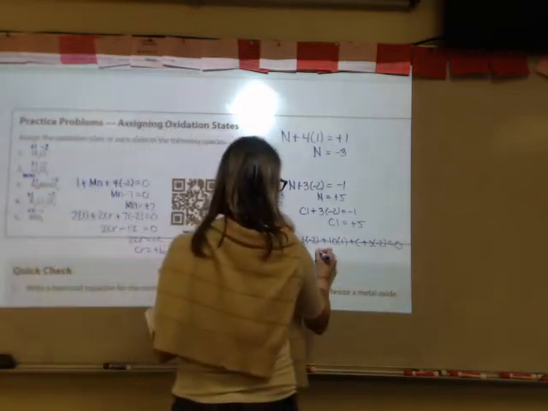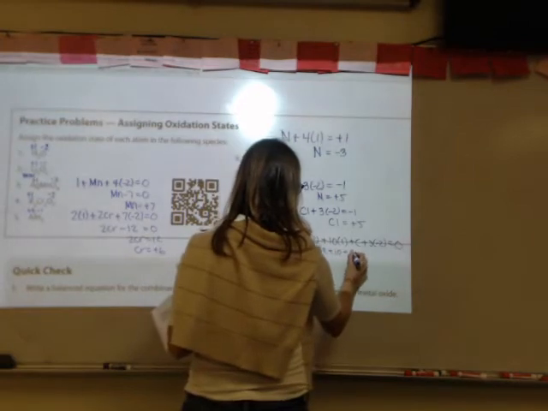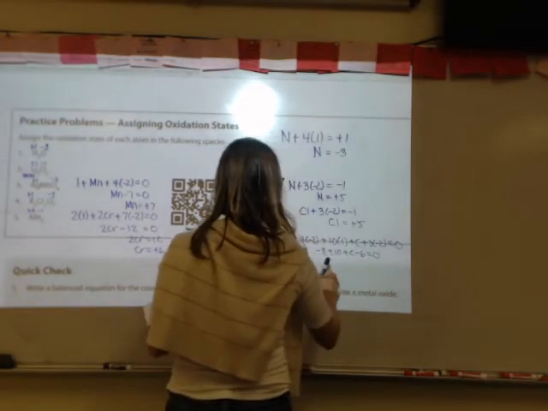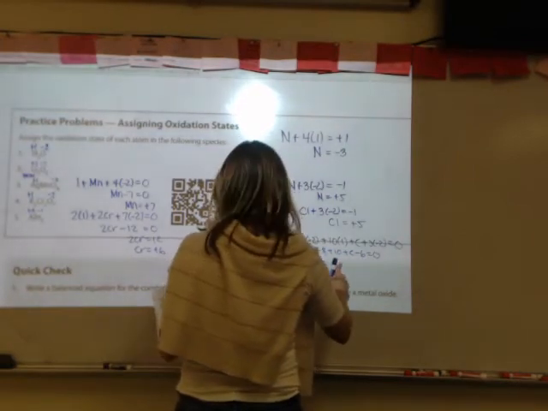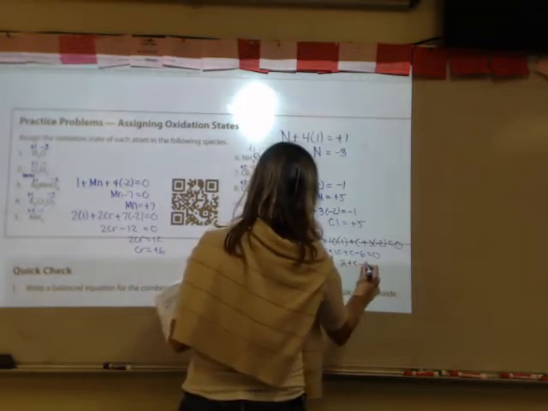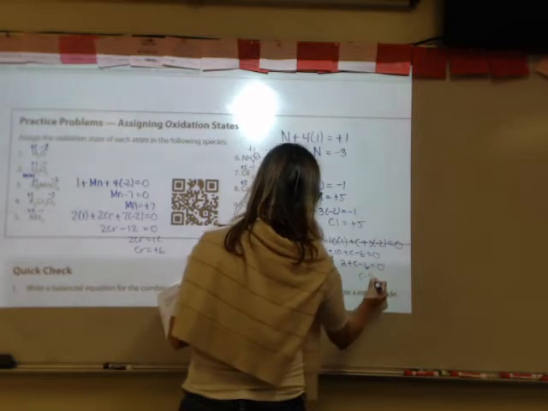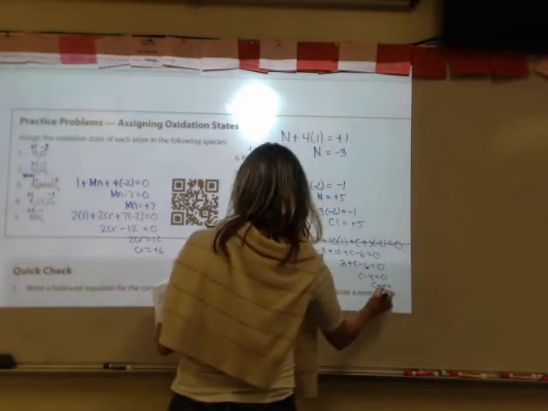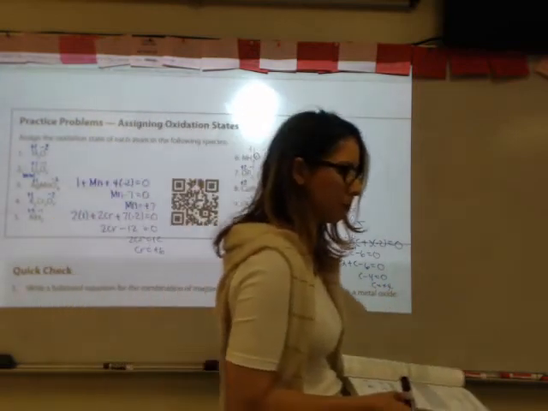So this is a -8 plus 10 plus C minus 6 is 0. -8 plus 10, this is 2 plus C minus 6 is 0. That means carbon is going to be a +4.